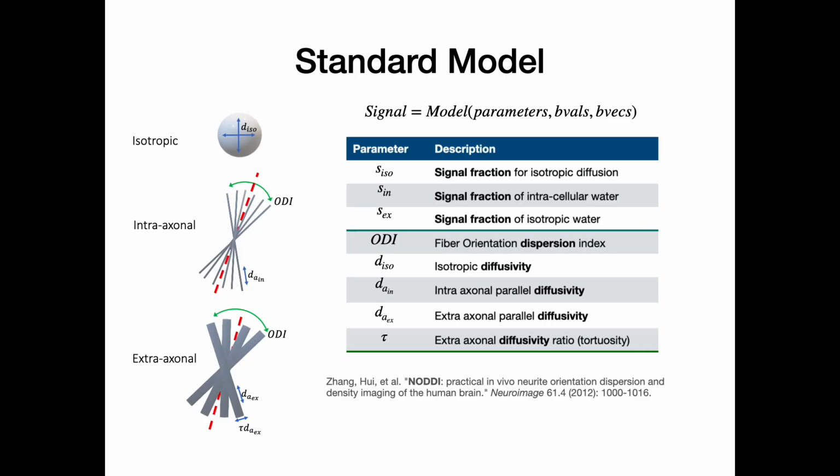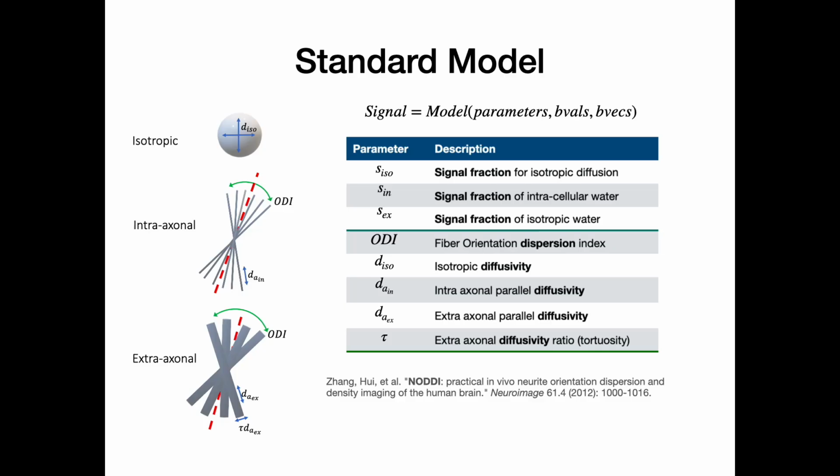This model has 8 free parameters, including the signal fractions of each compartment, the diffusivities that reflect how quickly water diffuses within each environment, and the dispersion index that captures how coherent or dispersed the fiber orientations are.